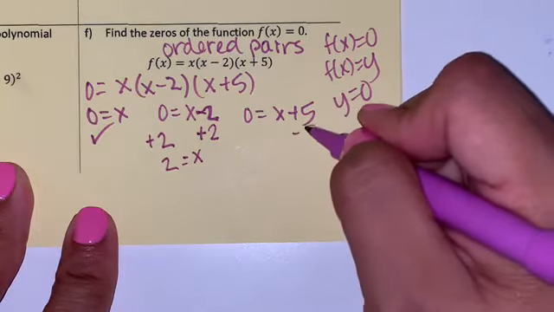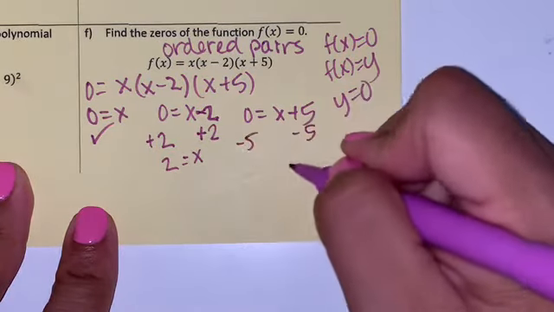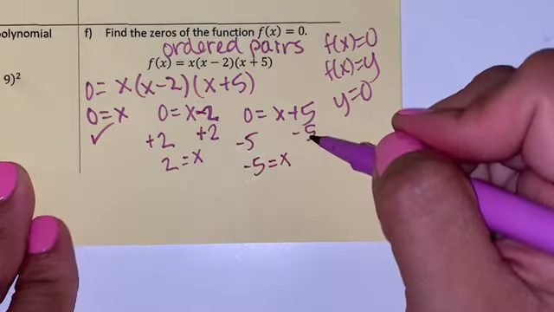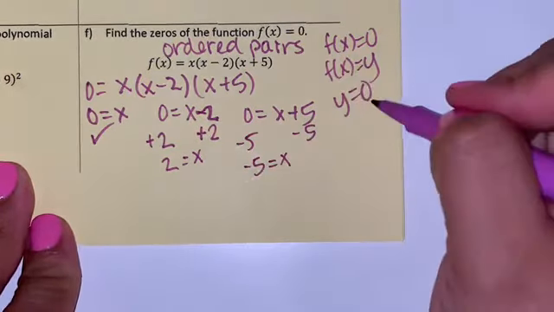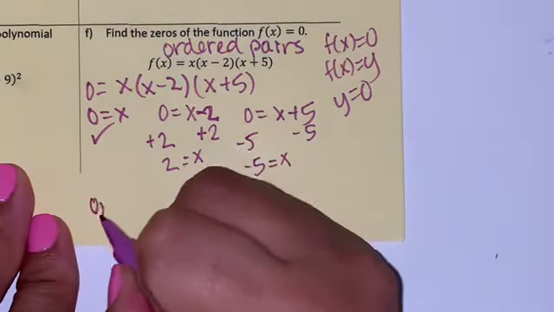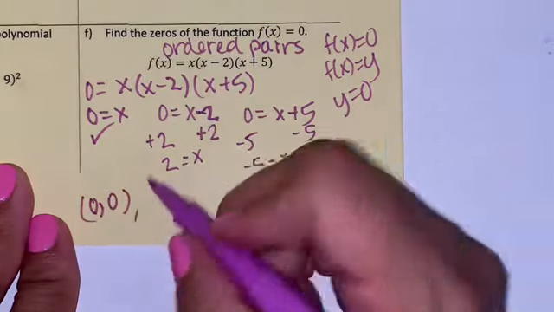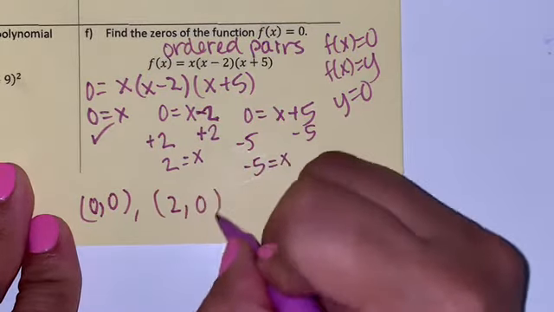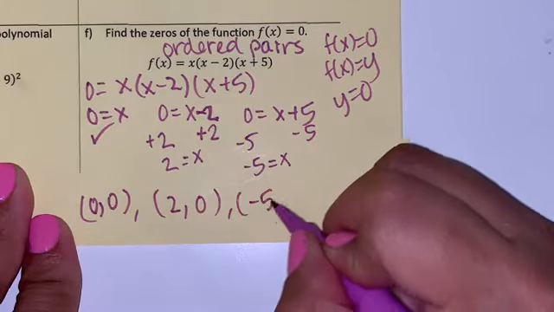Solve for x here. Minus 5, minus 5. X equals -5. So we're looking for ordered pairs. This is your x and that's your y. 0, 0. 2, 0. -5, 0.